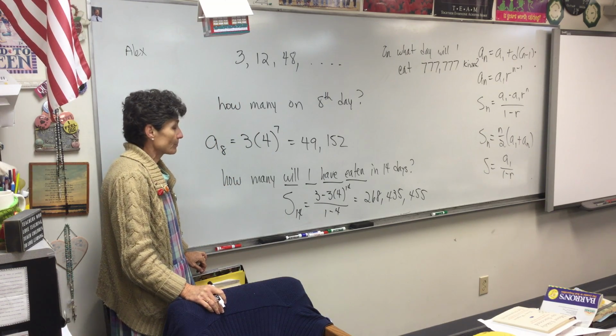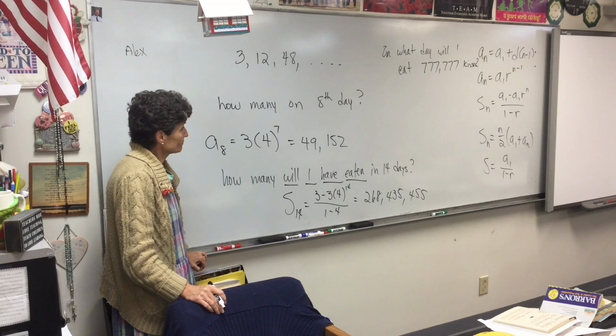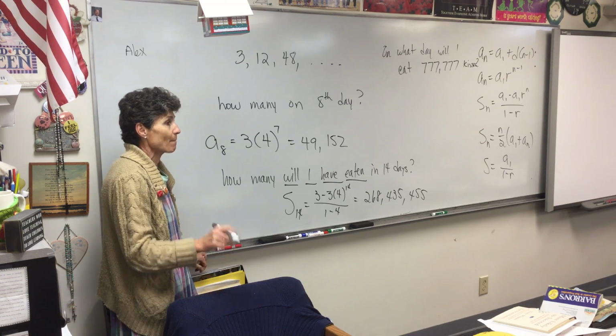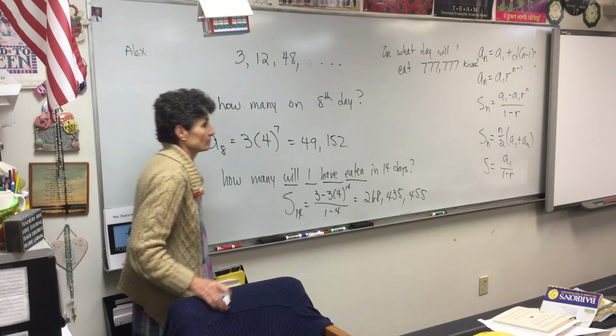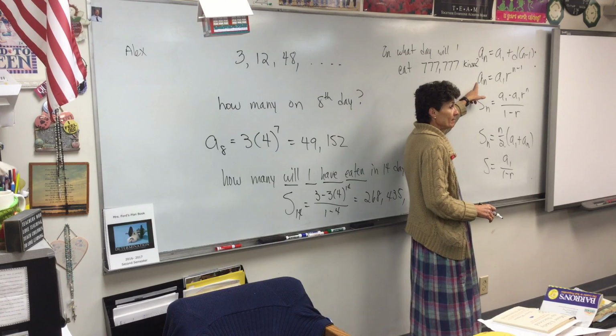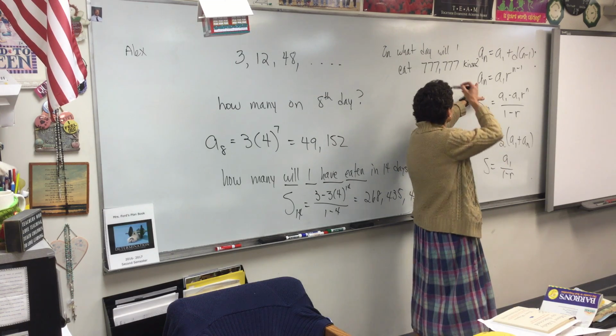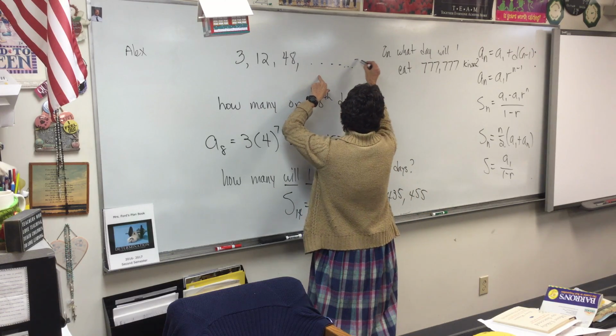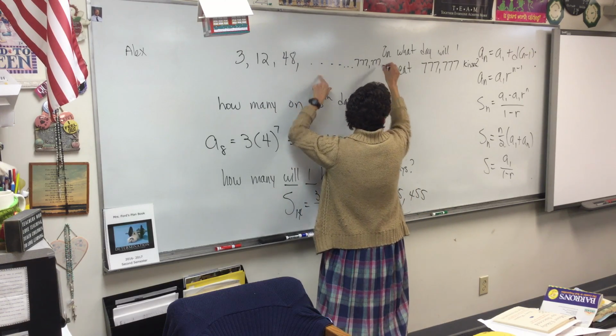All right? So what's that look like? What's that setup going to be? On what day will I eat that many? So it'd be the second one. It'd be the second formula again, because what is that number? Isn't that just going to be a number here eventually in this list?